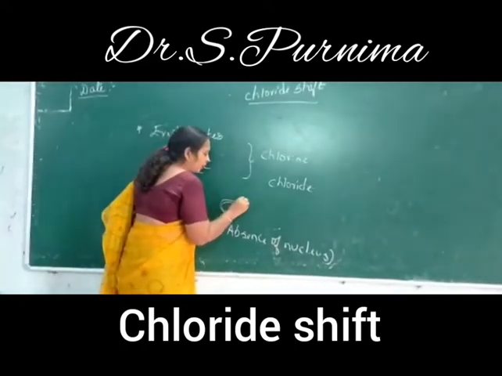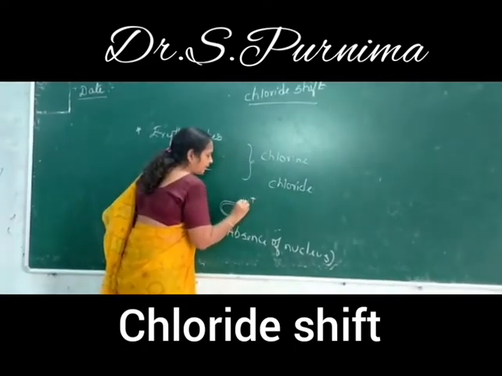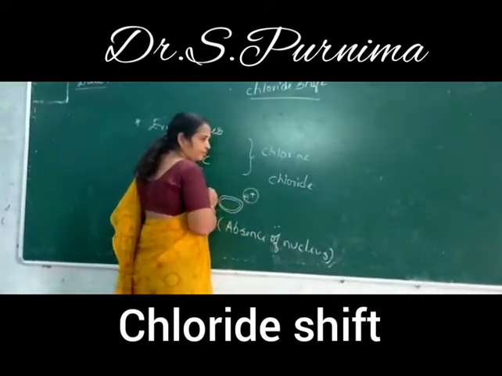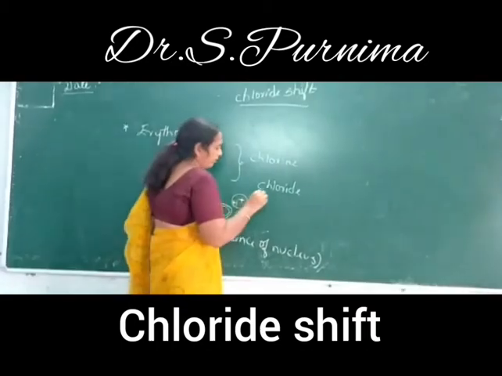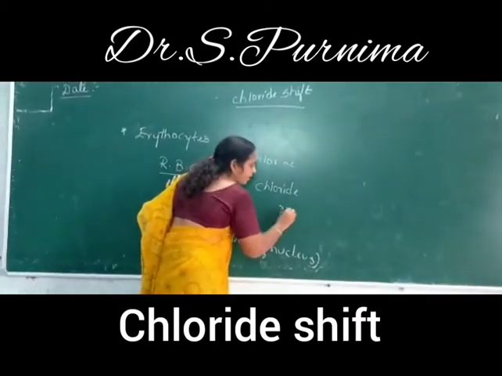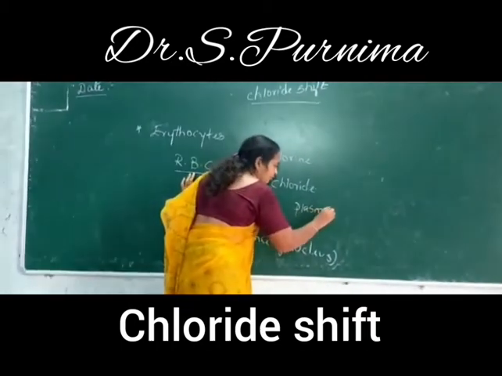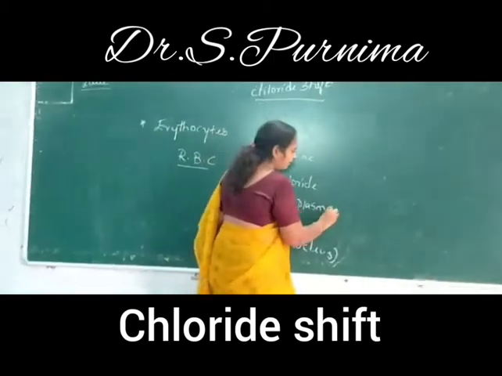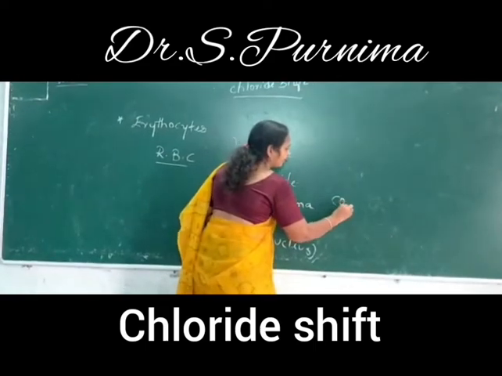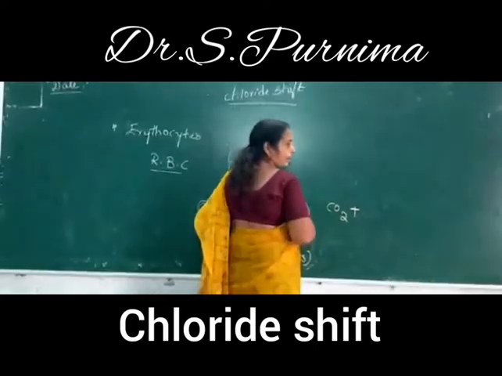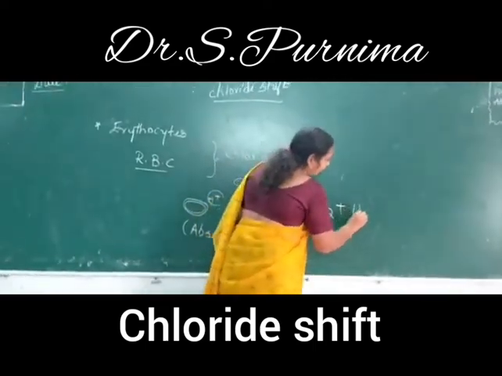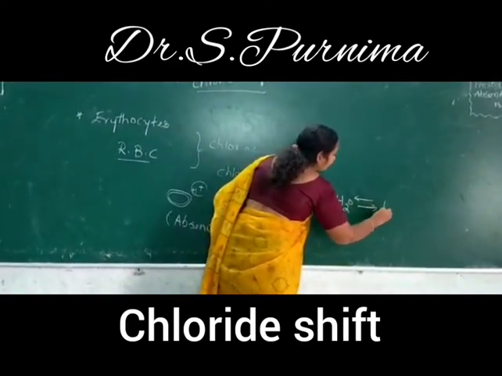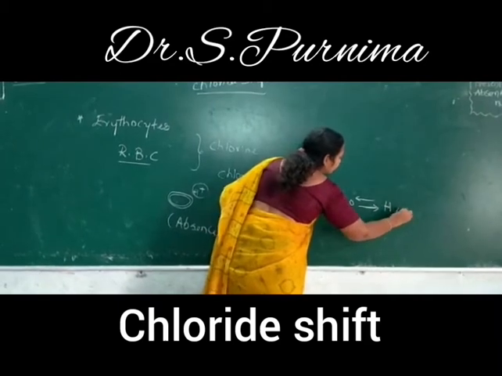When there is absence of nucleus, there is more scope for hemoglobin pigment to be there, and what happens is, if hydrogen ions are there, why am I talking about hydrogen ions? We are talking about plasma. What is plasma? The liquid portion of the blood. So first of all, we need to learn what is there. When carbon dioxide is released after respiration, combining with the water, it forms an acid called carbonic acid, H2CO3.